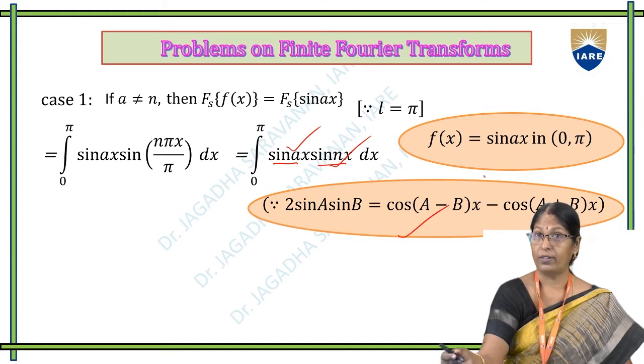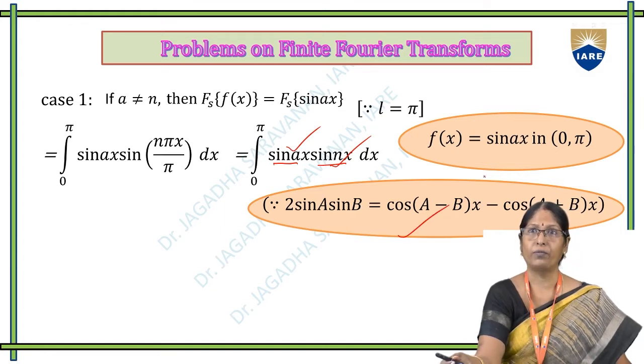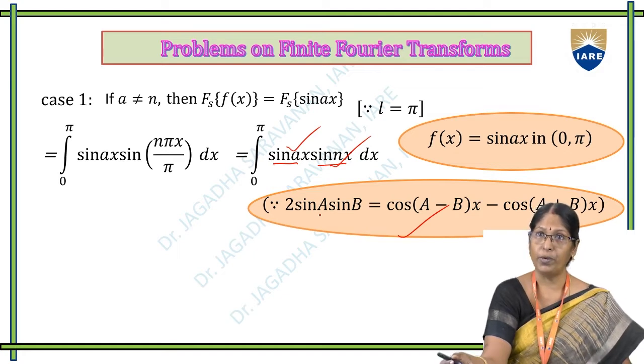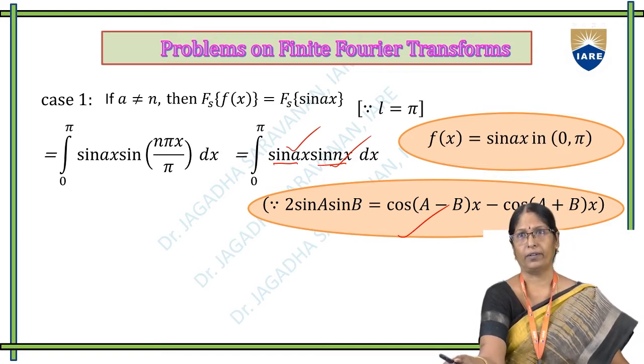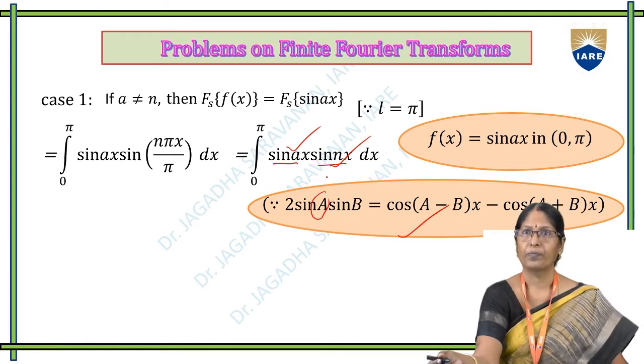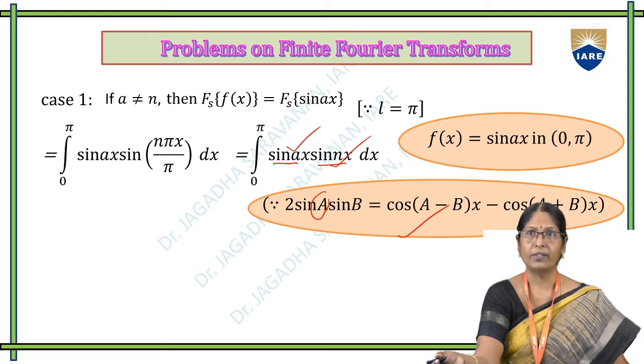The relevant trigonometric formula we select is 2 sine A sine B equals cos of (A minus B)x minus cos of (A plus B)x. Now in the formula, capital A is there. We compare it with the problem we are solving.